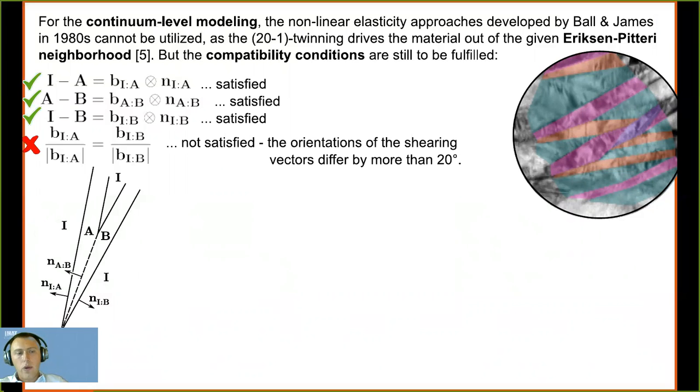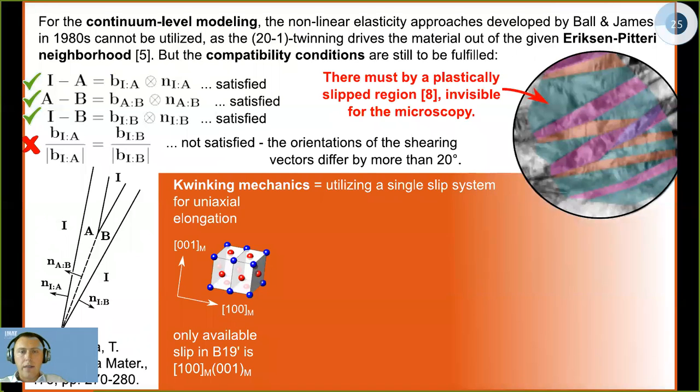And when we look into the works of Tomonari Inamura on kinking, we realize that this is something very typical for similar ridge-like patterns in layered media. And the explanation I learned from Tomonari's papers is that there must be a kind of plastically slipped region here around the tip of the microstructure.